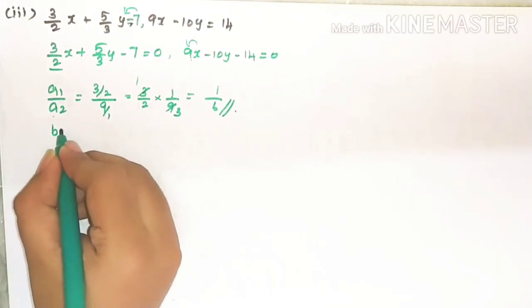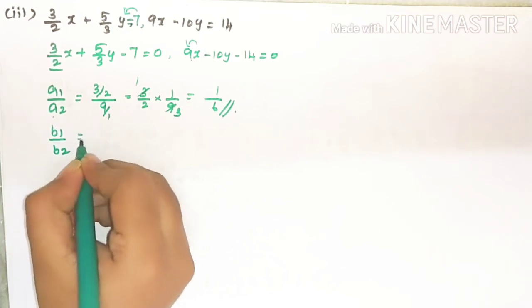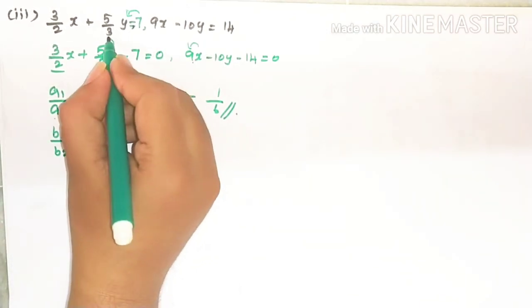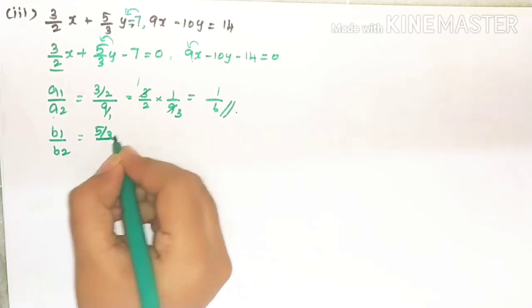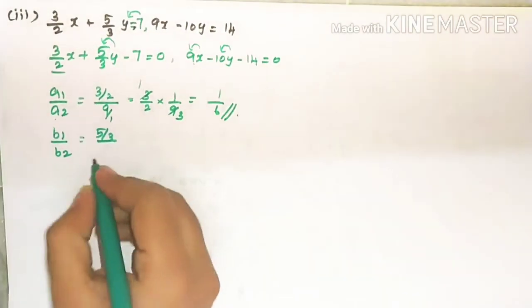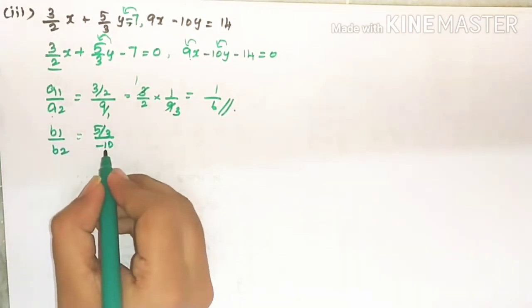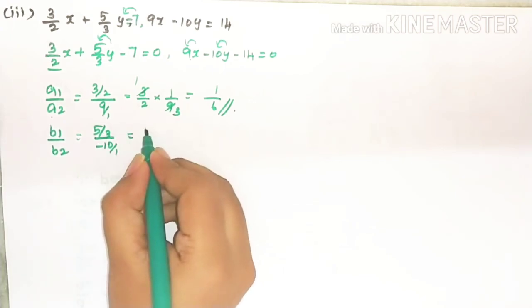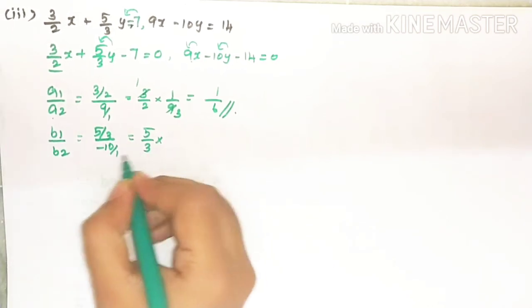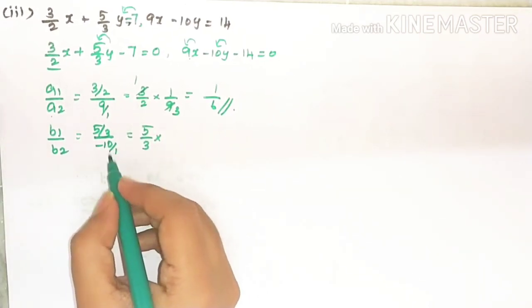Similarly, we can find out b1 by b2. b1 by b2 is the coefficient of y. Here what is the coefficient of y? 5 by 3. And the coefficient of y in the second equation is minus 10. So the denominator we can rewrite as a fraction, minus 10 by 1. So the numerator fraction we will write as it is, and the denominator we take the reciprocal.